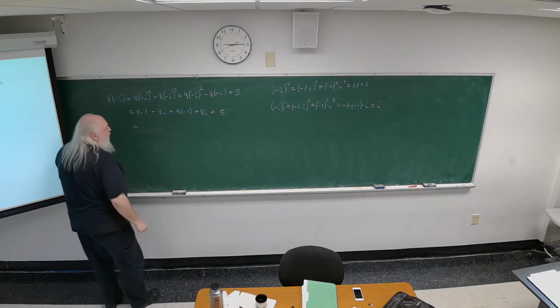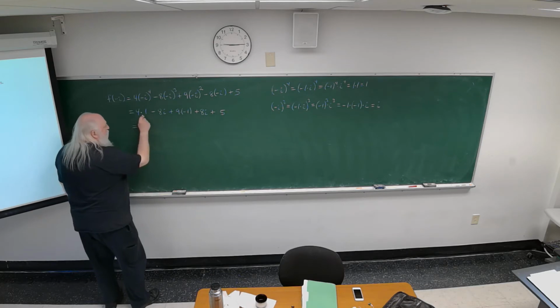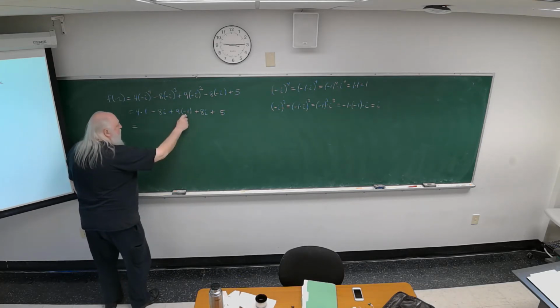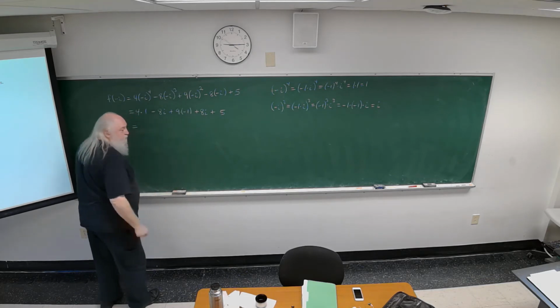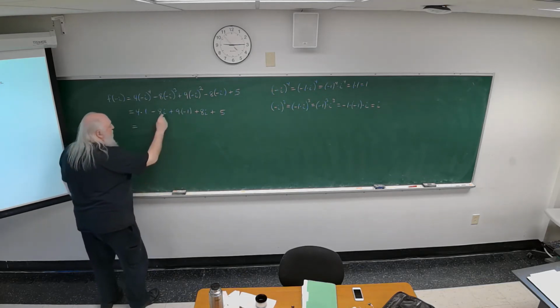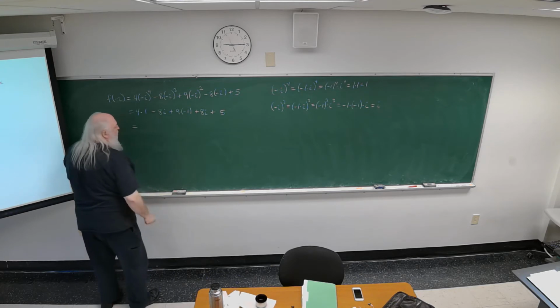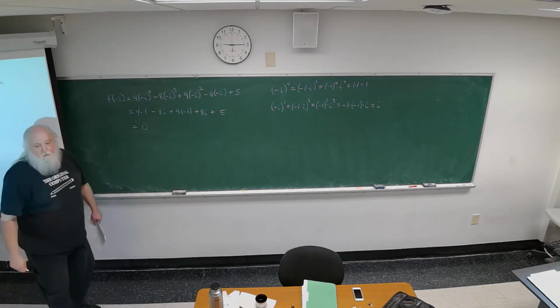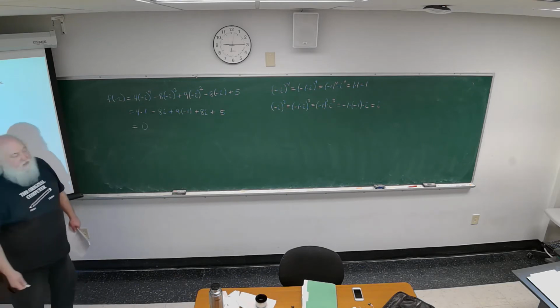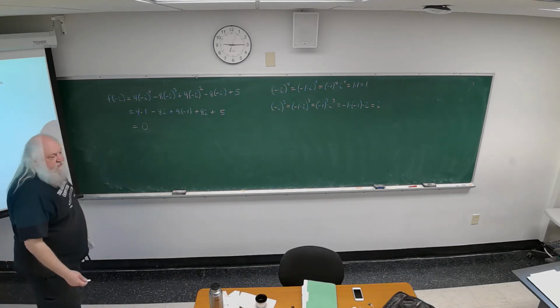So if we add up all the real terms, we have 4 minus 9, which is negative 5, and negative 5 plus 5 is 0. And we have minus 8i plus 8i, which is 0. So f of minus i is equal to 0. So x equals minus i is indeed a root.